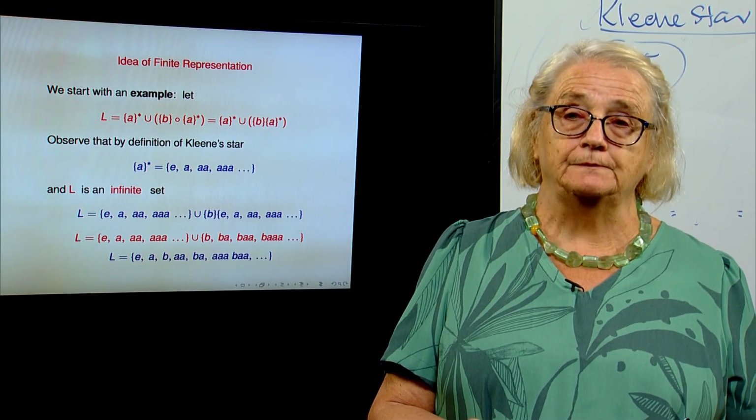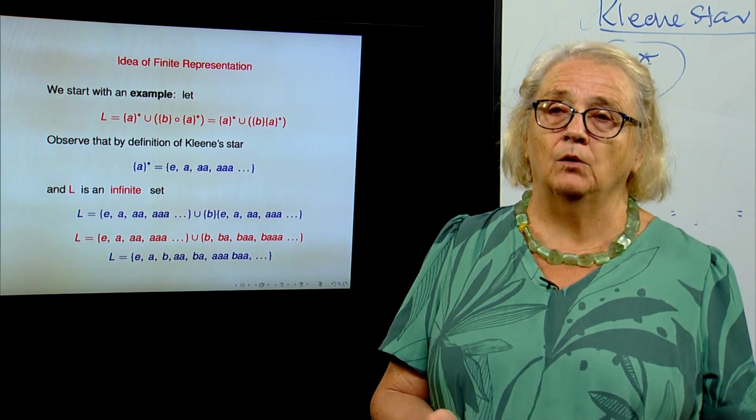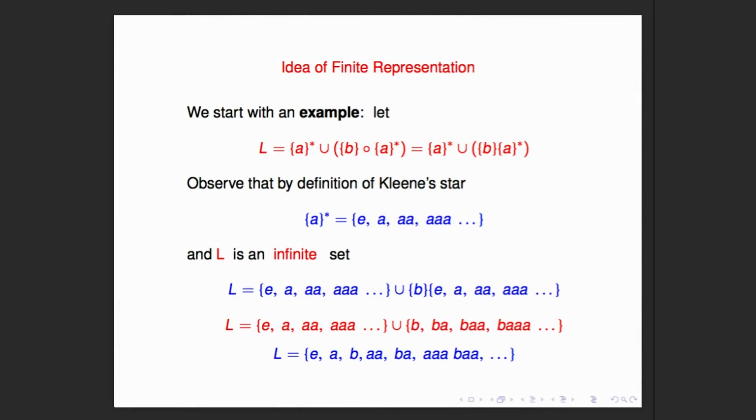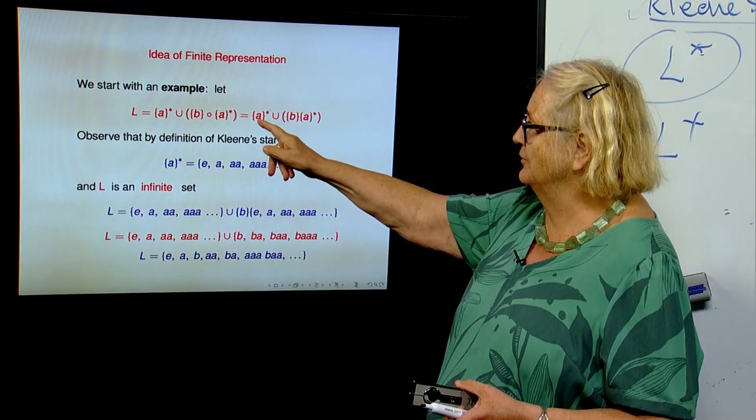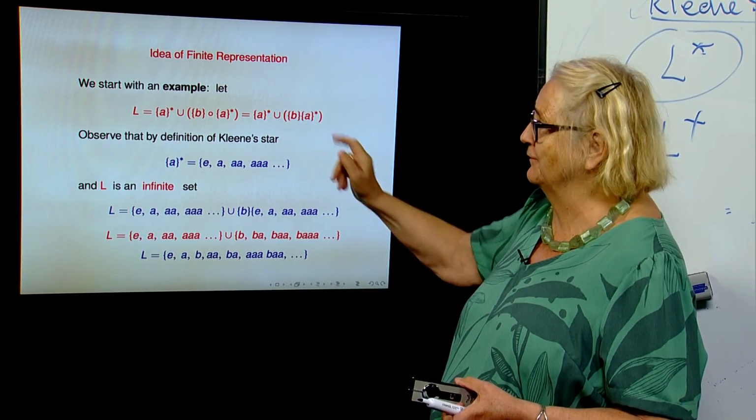So, for example, look at this language. I have a language like this: {a} union {b}{a} star. It is represented by a finite number of symbols, you can count them.